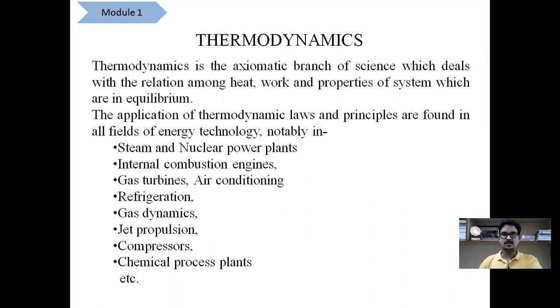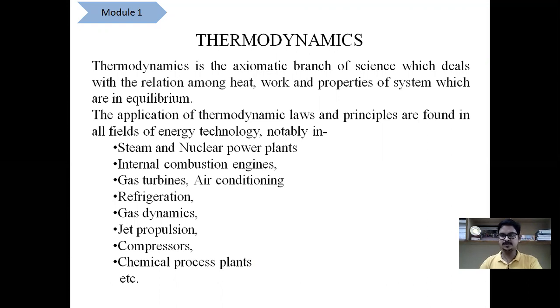So this thermodynamics can be experienced. These are the true things. So this is called a self-evident branch of science.